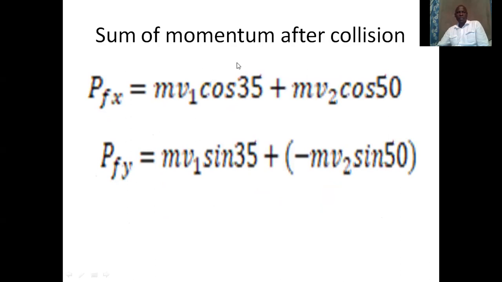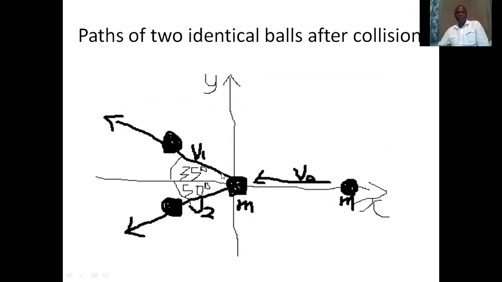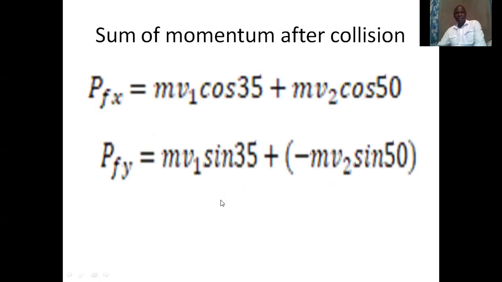If we look at the sum of the momentum after the collision in the x-axis, for this ball, v1, it will be v1 cos 35 multiplied by the mass of this ball. And for this other one, it will be v2 cos 50 multiplied by the mass. And this is what we have done here.